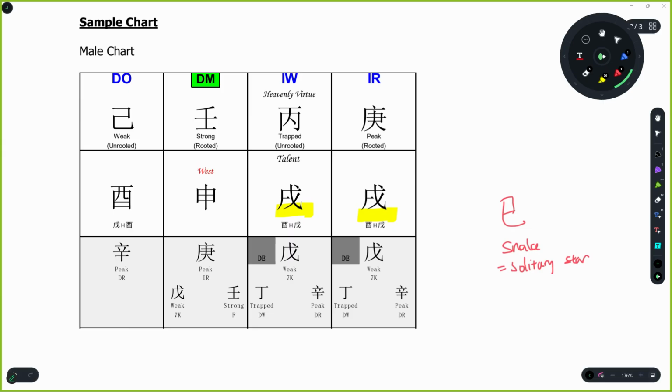Now let's come back to the death and emptiness. For the death and emptiness, the dog represents the death and emptiness. There is one on the natal chart on the year, and one also on the month. And so the reading is that it brings what I consider to be a bit more of a reduction.